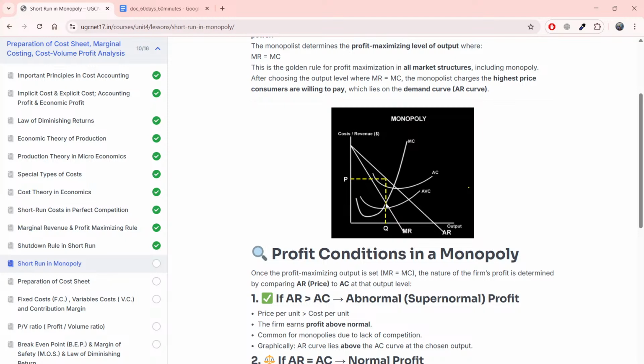The nature of the firm's profit is determined by comparing the price, AR, to AC, average cost. At this point only, where we have fixed this, we will compare AR and AC.